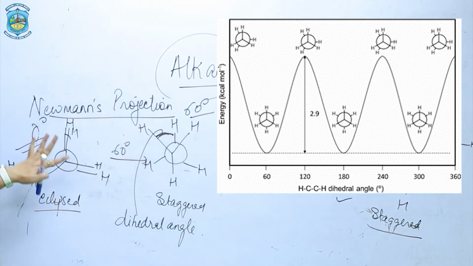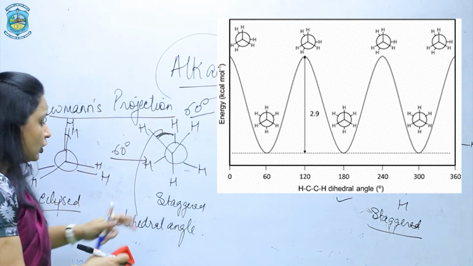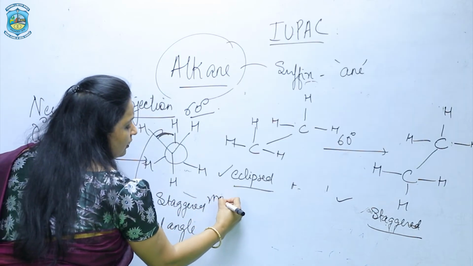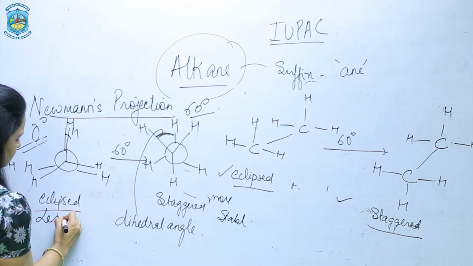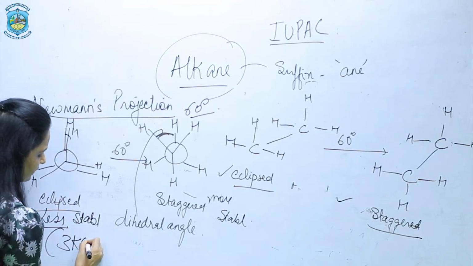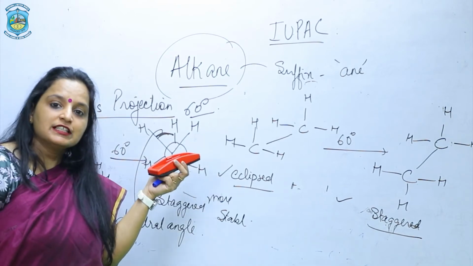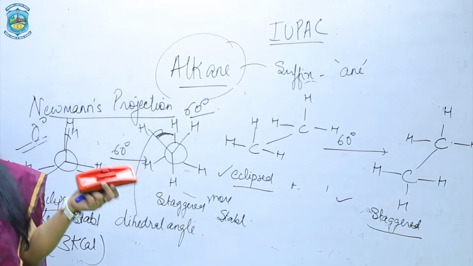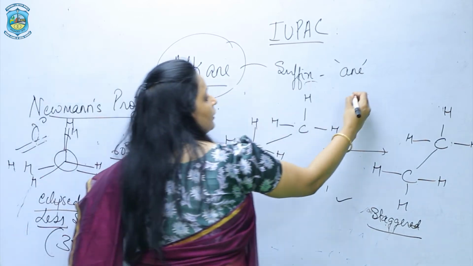Therefore, the eclipsed conformation is 3 kilocalories higher in energy than the staggered one, and hence the staggered is more stable and this is less stable. Why? Because it has 3 kilocalories more energy as compared to the staggered conformation. And why is this so? This is due to the presence of strain.